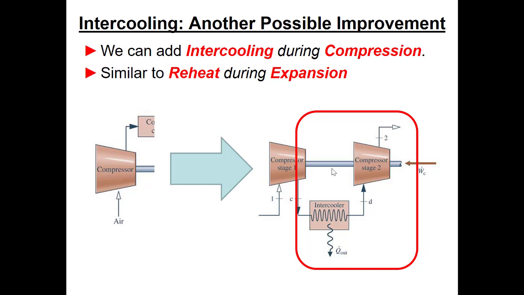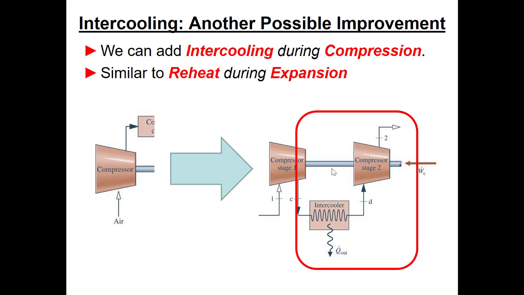So the idea of reducing the amount of pump power we had to put into the system didn't really make sense when our backwork ratios were only on the order of 1% or lower. But here in our Brayton cycle, where our backwork ratios can be upwards of 20%, having this strategy to reduce the power that we put in to get up to that high pressure makes sense.